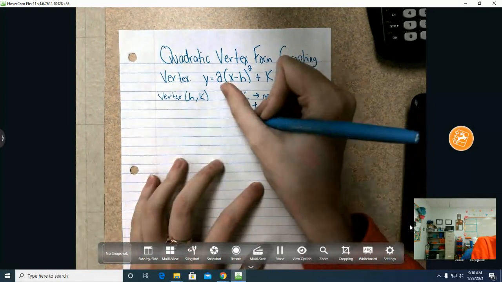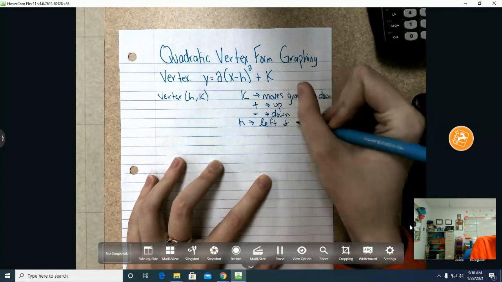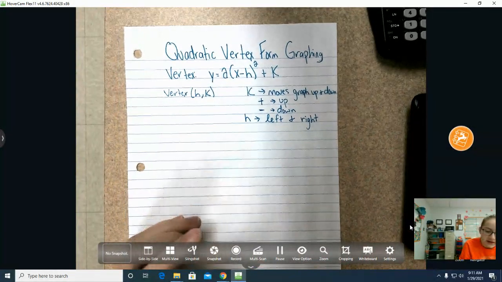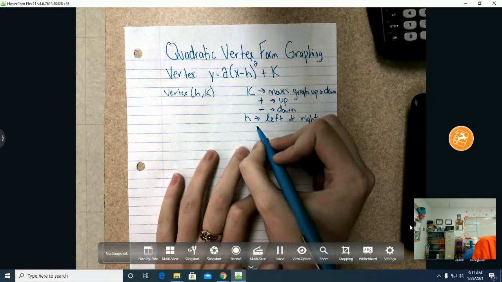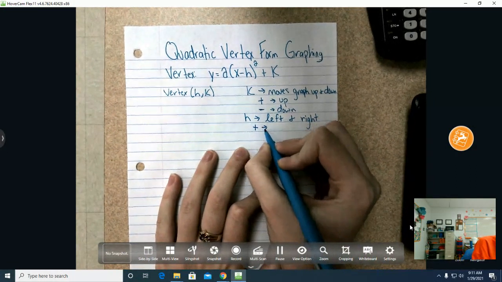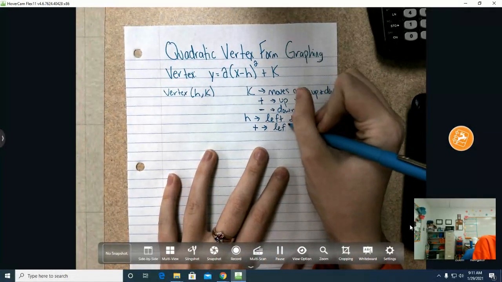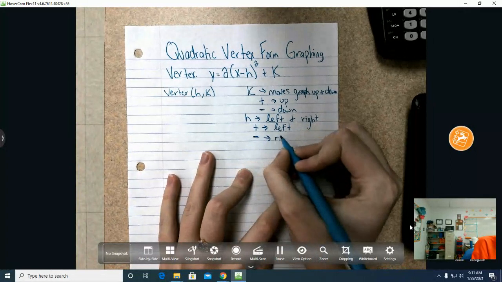Your h value moves the graph left and right. I forgot the word moves, but y'all know what I'm talking about. This one's kind of counterintuitive. So if your h value is positive, it moves the graph to the left. If your h value is negative, it moves it to the right.